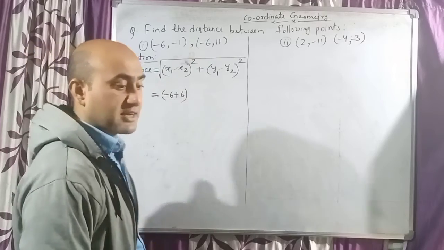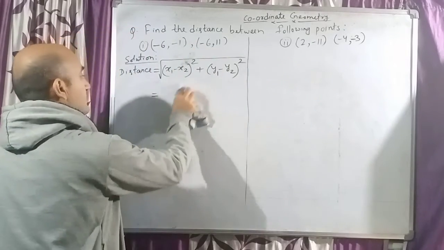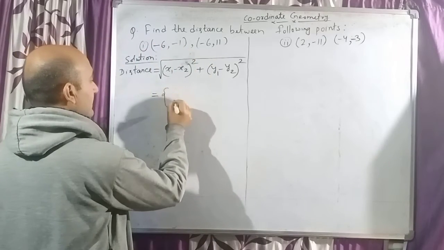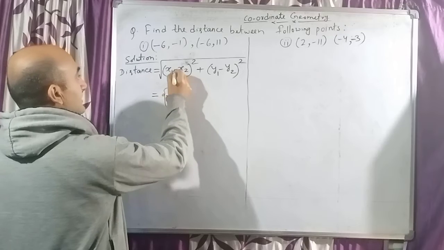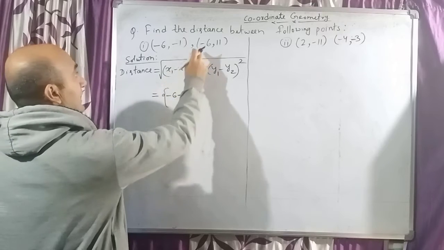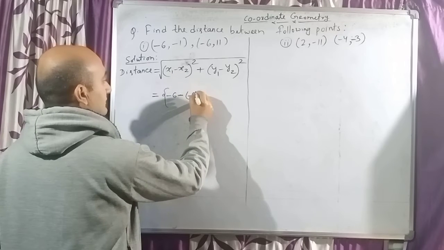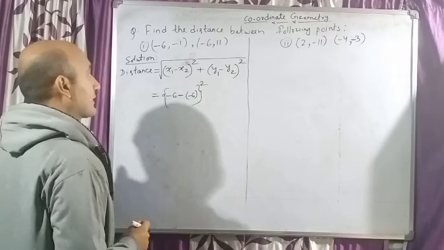Or to make it understand in a more easier way, I can just increase one step for your convenience. I can do like this also. I can use second bracket, and in place of x1 I will write minus 6, and this minus I wrote here, and this minus 6, that is x2, I will write in bracket, and then second bracket close, whole square.